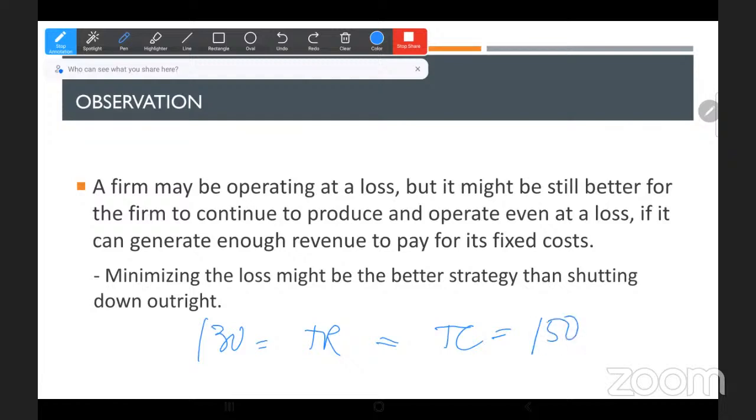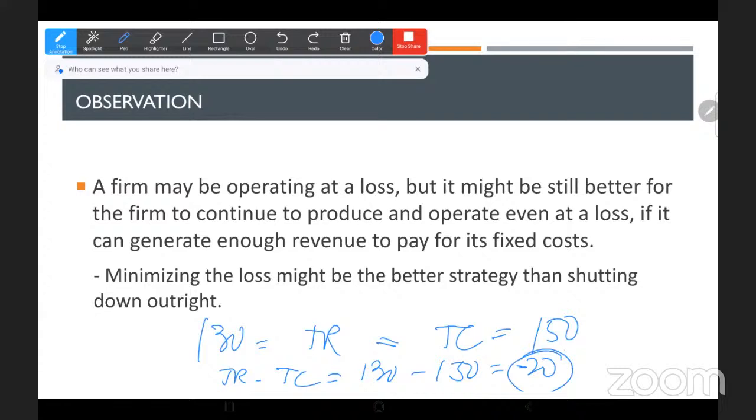So that's a loss, right? But its loss is only at this point 130 minus 150. Its loss is only 20.